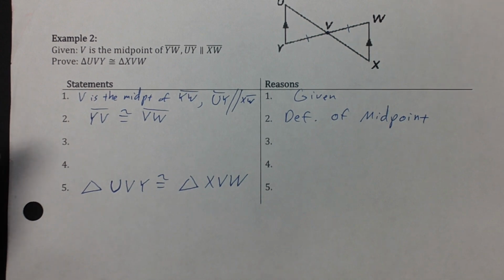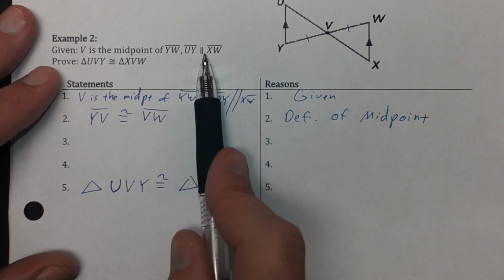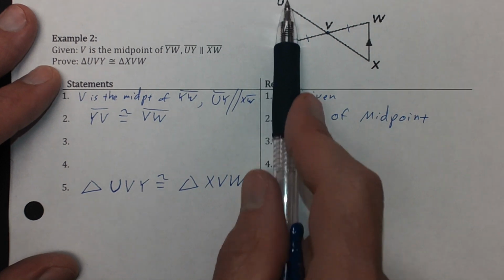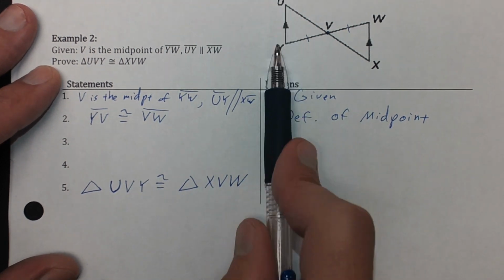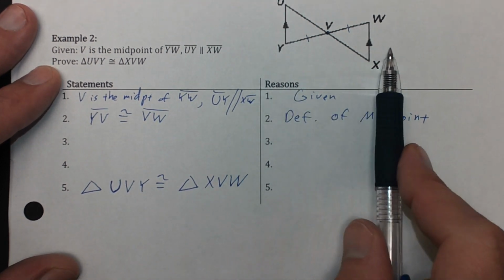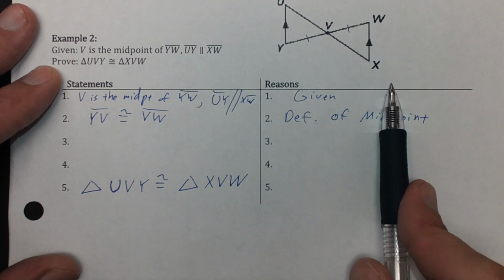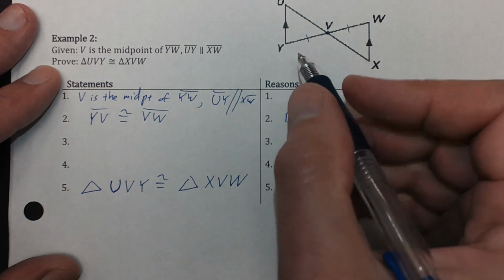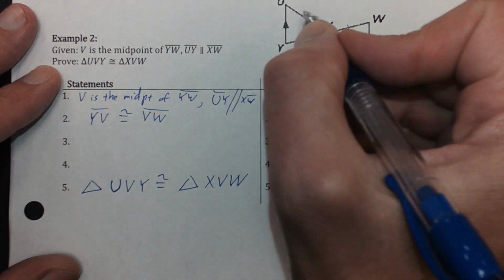Then what I need to do next is I'm really going to use the other part of that given statement, which was that we had parallel lines. Parallel segments. Segment UY and segment WX are parallel. Well, what does that mean? I have actually two transversals.